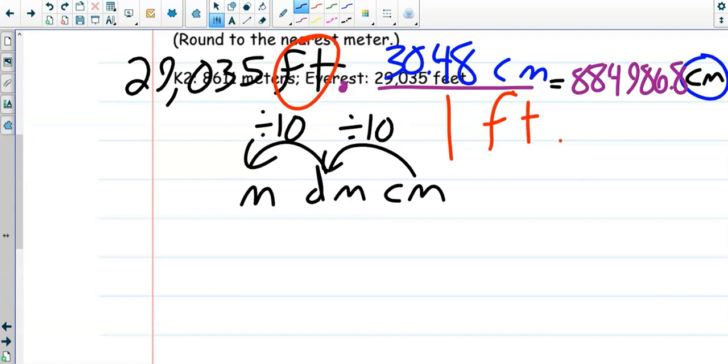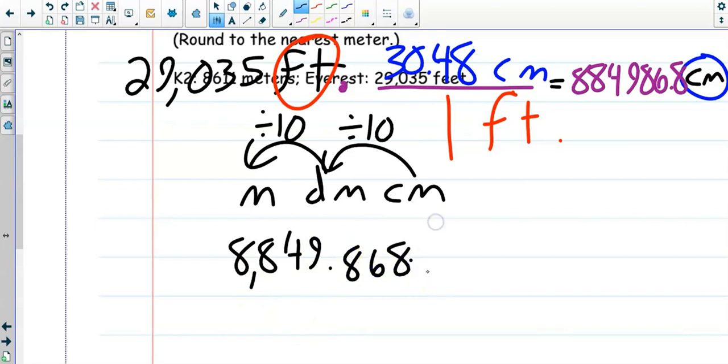And when you divide that by 10, this is how many meters Everest is: 8,849.868 meters. So there's how big Everest is in meters.